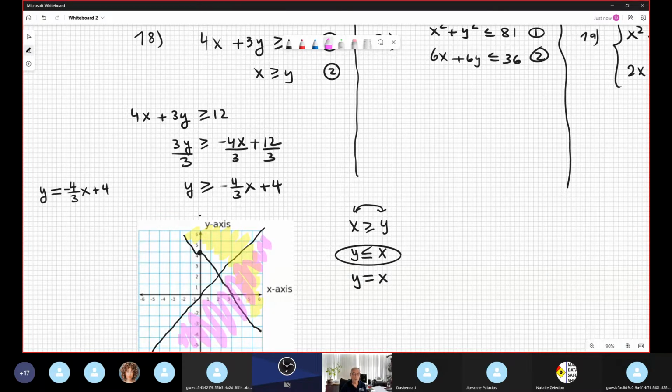It's obvious. Okay, our solution lies in the intersection. This one includes, of course, both lines, because both inequalities have equal signs.